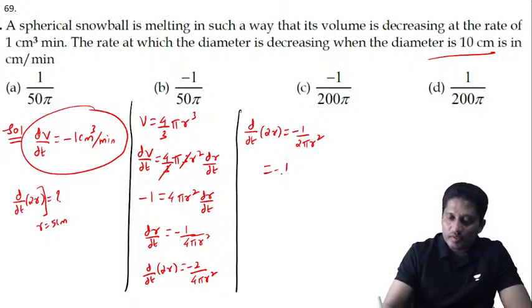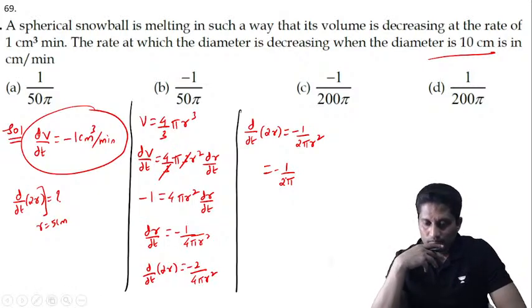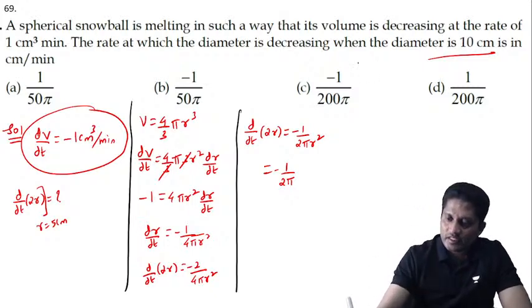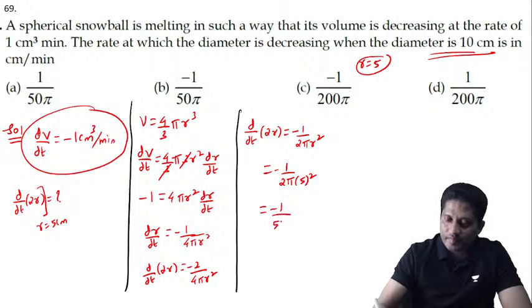Now this is minus 1 by 2 pi, okay, radius is 5, right? When the diameter is 10, radius is 5. So this is 5 square. This is minus 1 by 50 pi. Okay, so this is centimeter per minute.